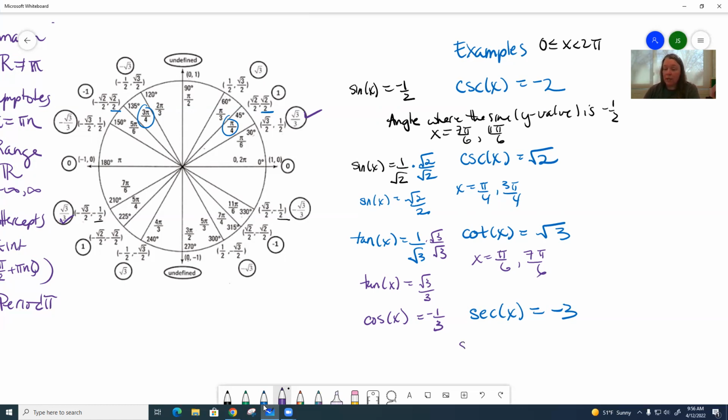What you could have done is taken the inverse secant of both sides and gotten that answer from the calculator. Or if you'd set this up, you could also have done the inverse cosine, and whatever that value is, I think it's 1.9 in radians, that would be your answer. So there will be cases where you can't find it from the unit circle and you use a calculator.